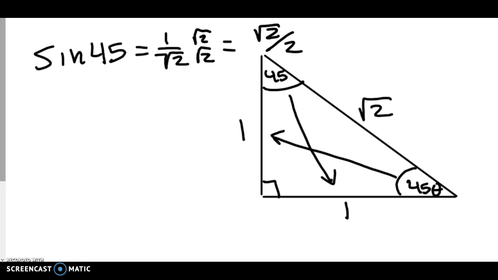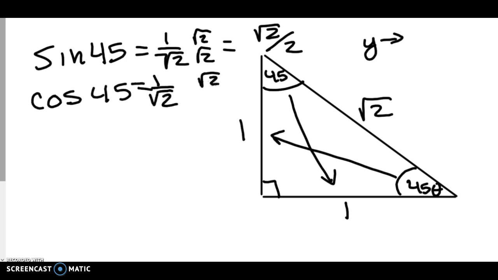You go back to your 45, your unit circle. Sine, we know to be the y value, and if you look at your unit circle, you will see at 45 degrees, your y value is the square root of 2 over 2. Very similarly, cosine, which is going to be exactly the same, is 1 over the square root of 2.